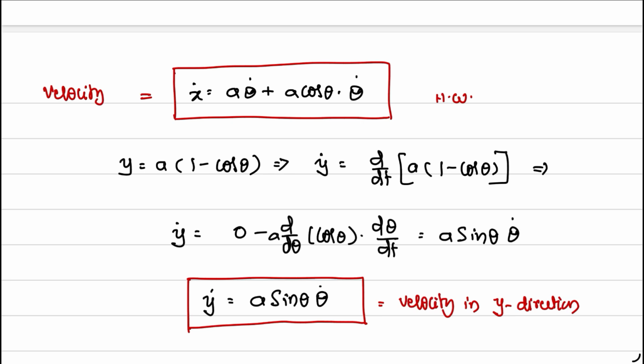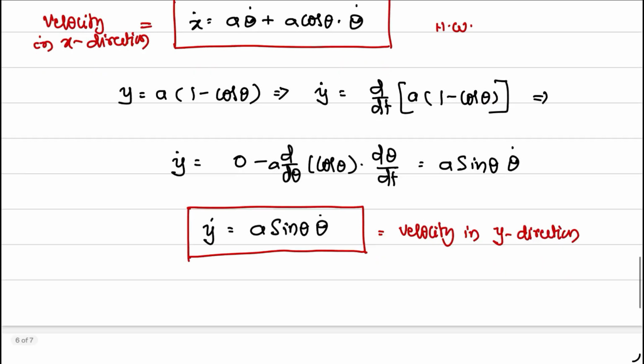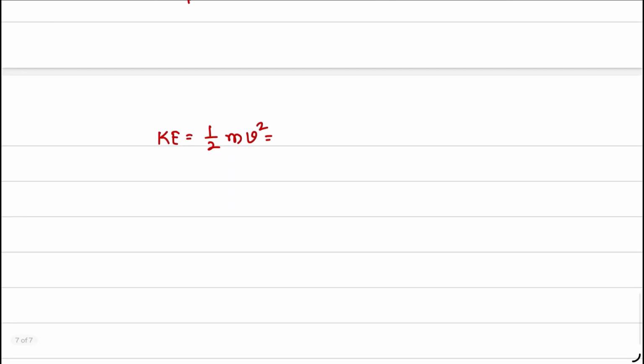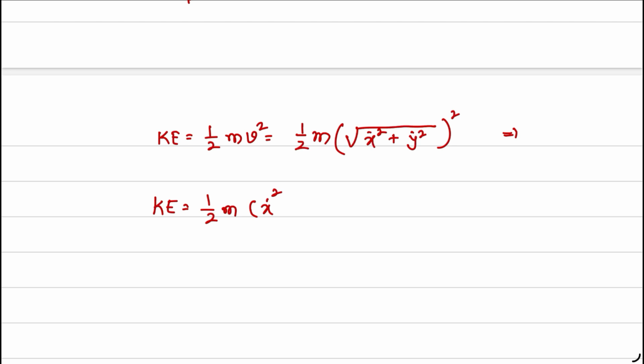You just see how easily we have found it out in the x direction. Then net velocity will be the square root of x dot square plus y dot square. Whole square is half into m into the square root of x dot square plus y dot square whole square. That means kinetic energy is equal to half into m into x dot square plus y dot square.